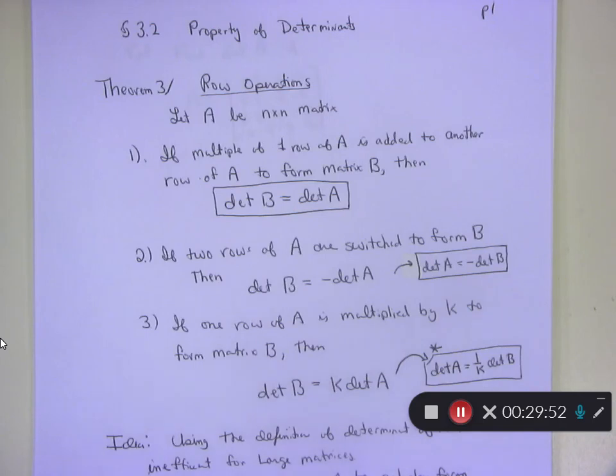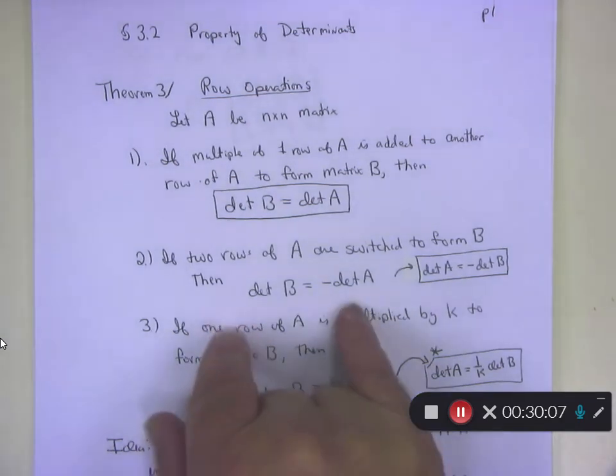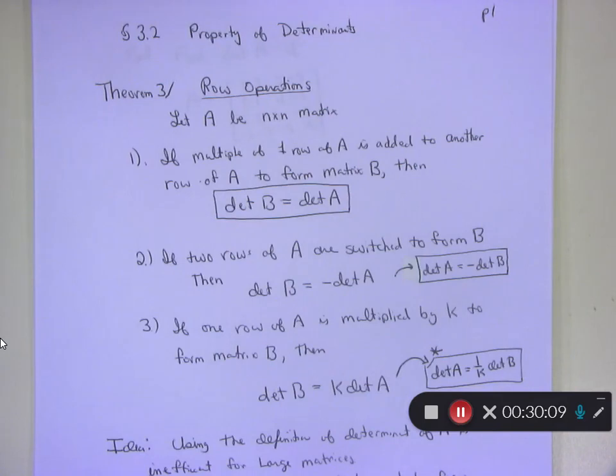2. If two rows of A are switched to perform B, then the determinant of that new matrix B is equal to negative the determinant of A. Now, this is the way the textbook wrote it up. The reality is, I'm giving you a crappy matrix, and I want you to find the determinant of it.